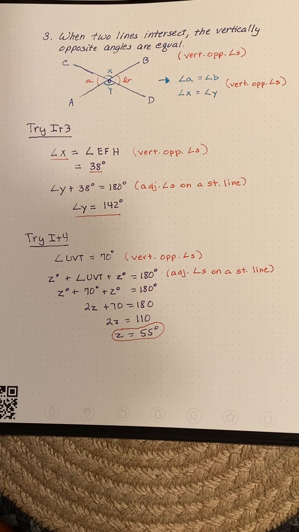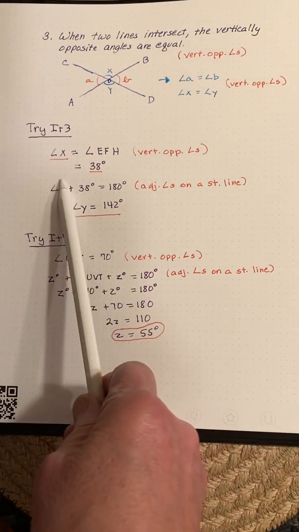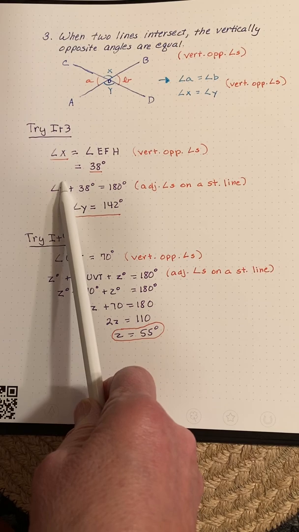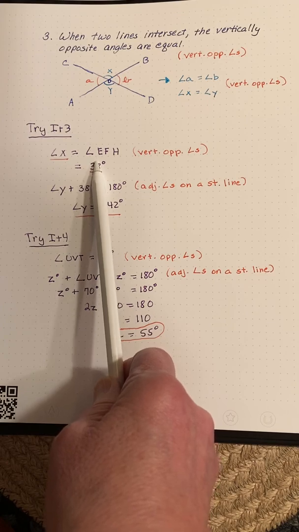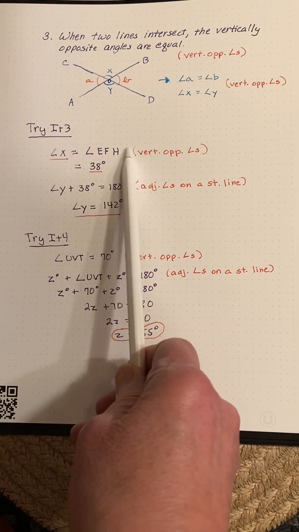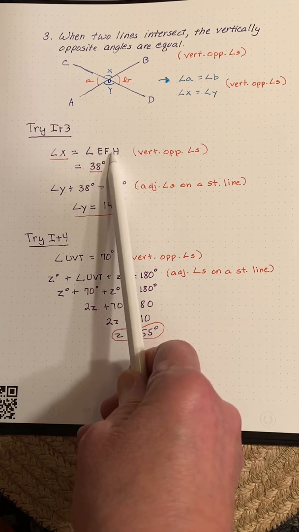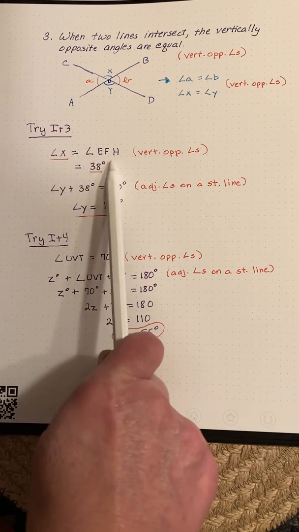Find the measurement of angle X and the measurement of angle Y. So the measurement of angle X is going to equal the vertically opposite angle, which is angle EFH. F is the vertex, so that comes in the middle. You could have said HFE too, and that would have been fine, as long as F is in the middle.